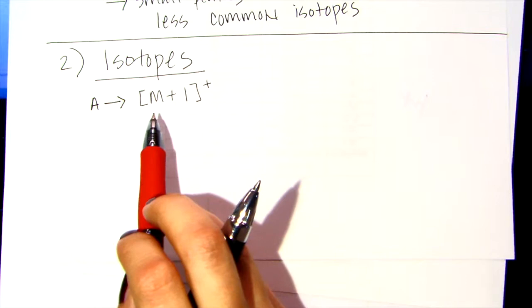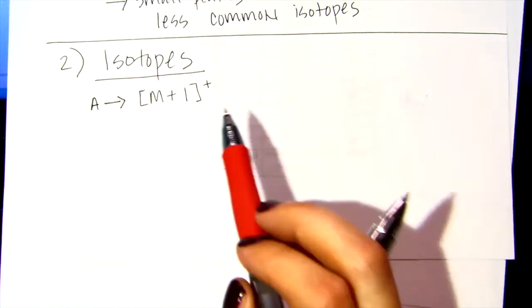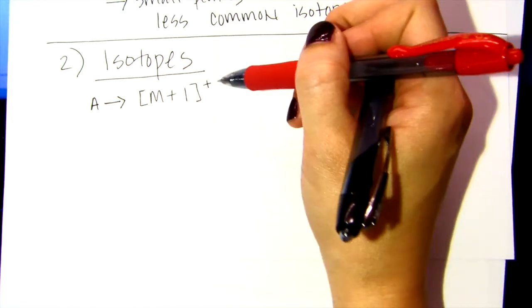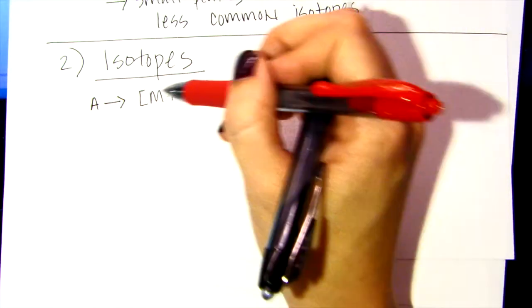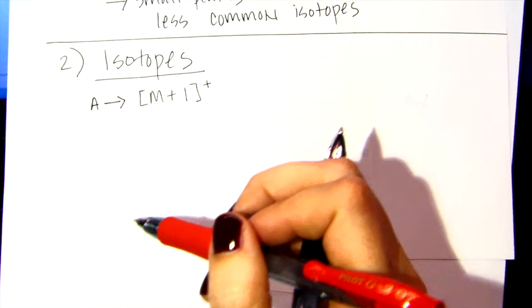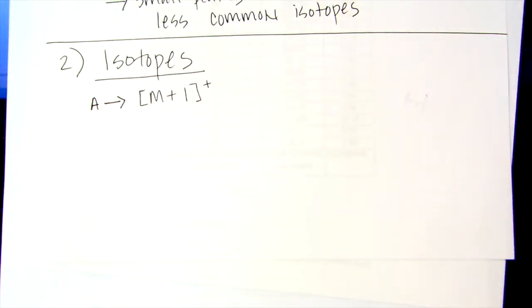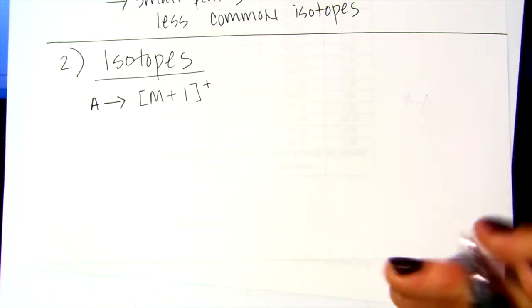It's just the same mass of the molecule plus 1, right? So you're just looking for that. And all of these things are cations. All the cations are being detected by the detector. And then we generally just put brackets around it. So that's just how we label and refer to the different peaks, right? And we'll get into that a little bit later as well.